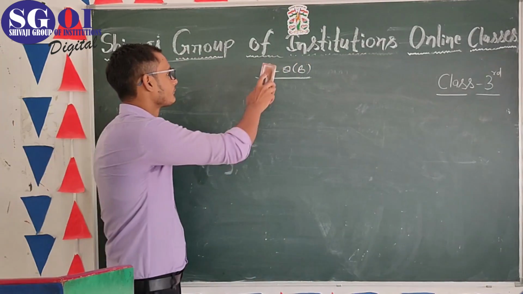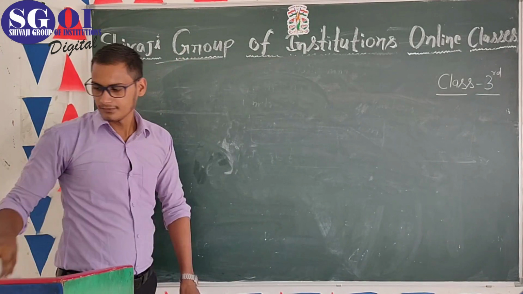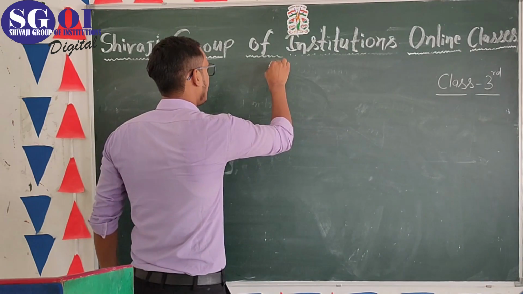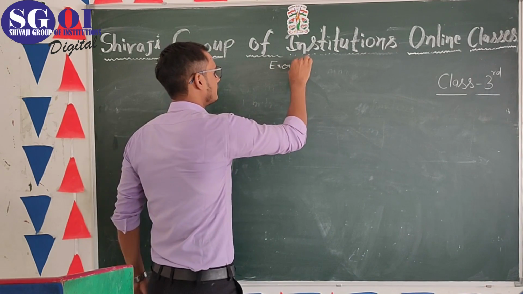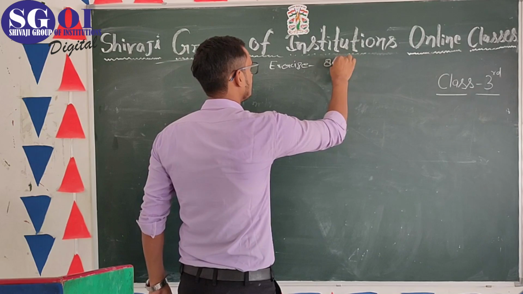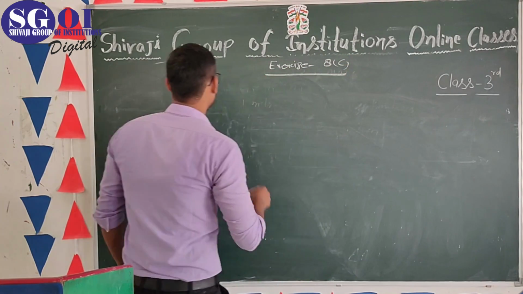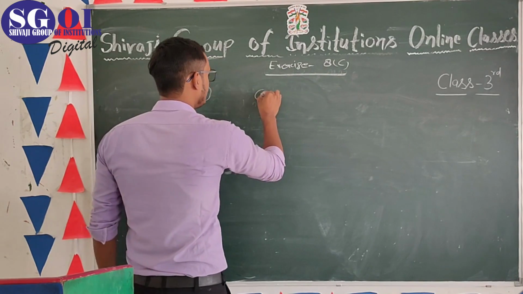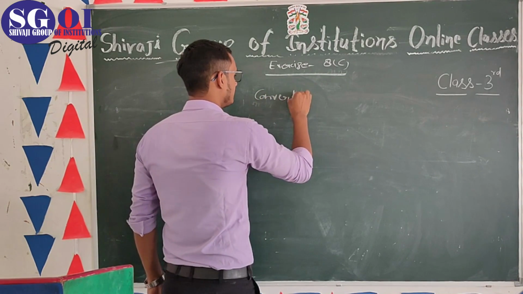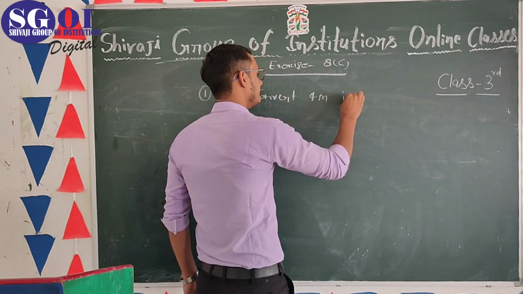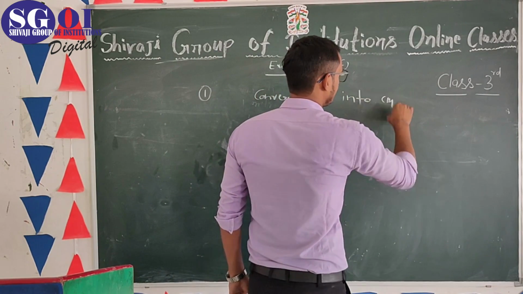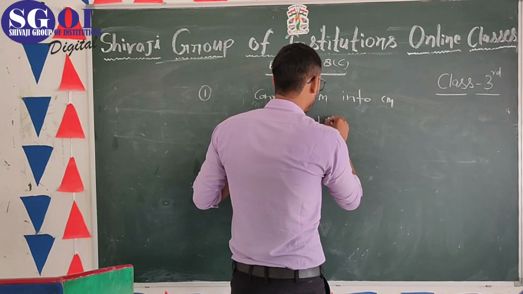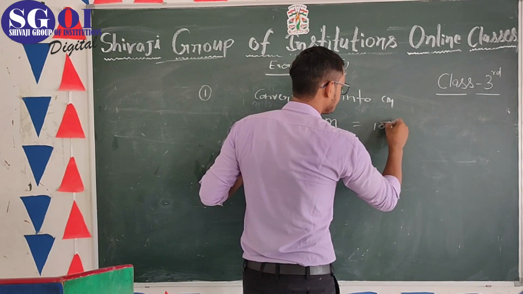So, question number 1, exercise 8C. Convert 4 meter into centimeter. So students, as you know, 1 meter is equal to 100 centimeter.